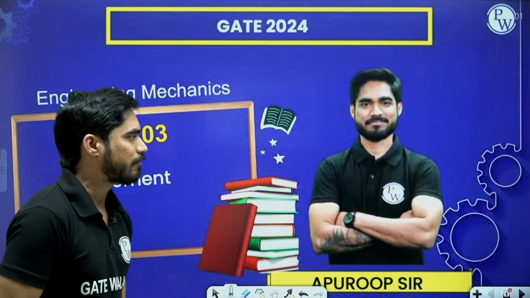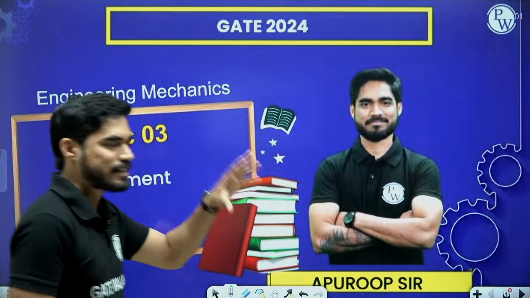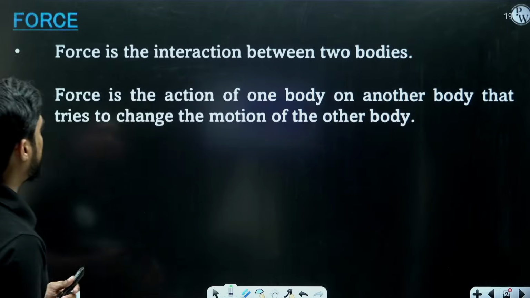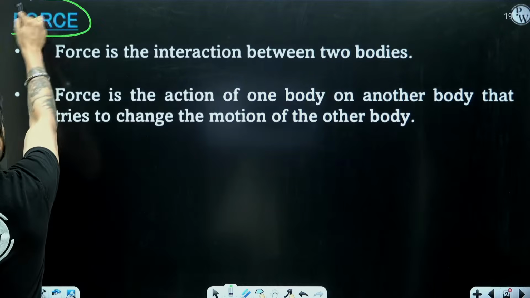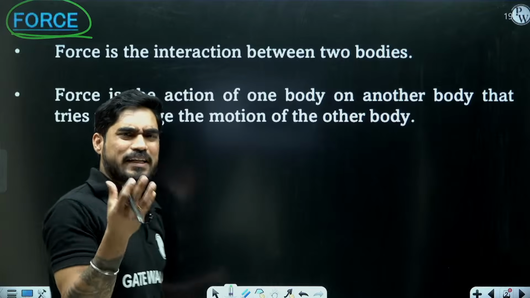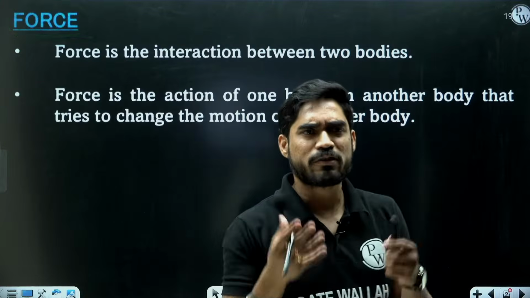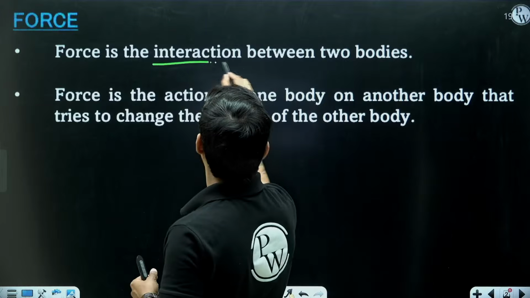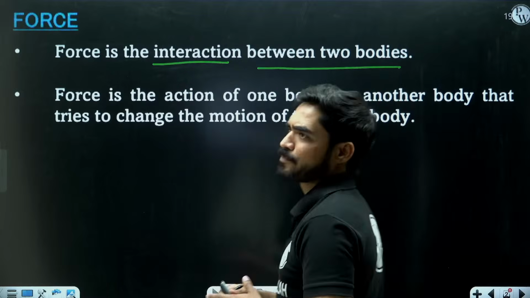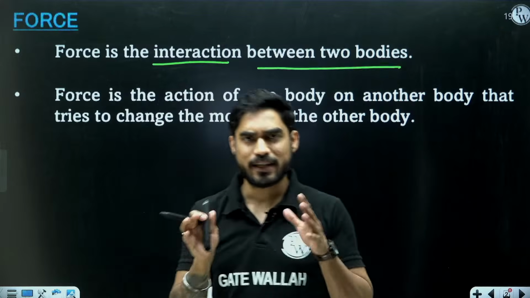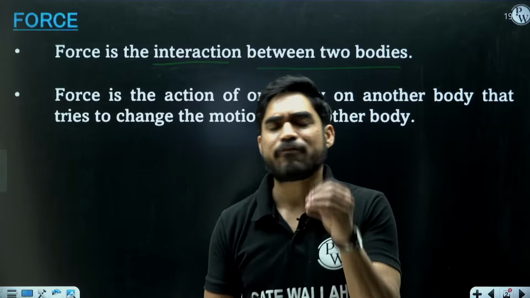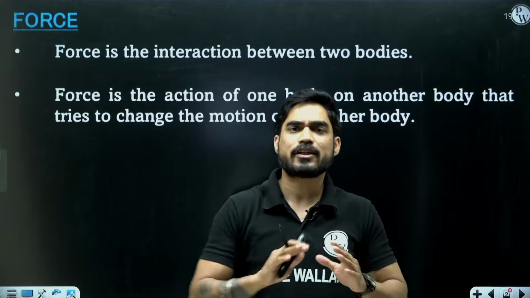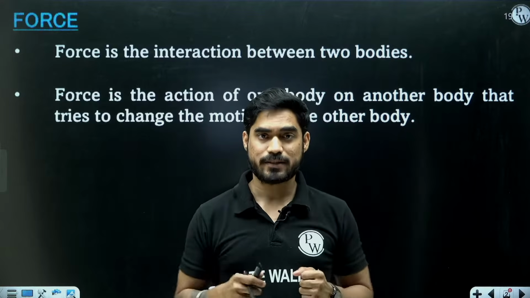Now first of all we are going to go through the last lecture's content for a quick revision. In the last lecture I told you the definition of a force, what exactly is a force. Force is the interaction between two bodies. We talked about this yesterday in great detail, that every member of a machine or a structure is connected to several other members.